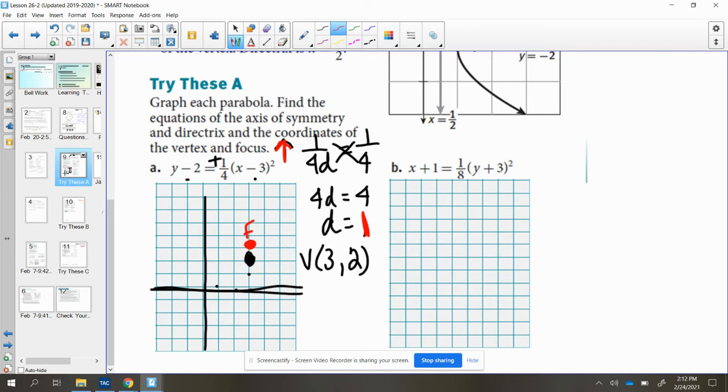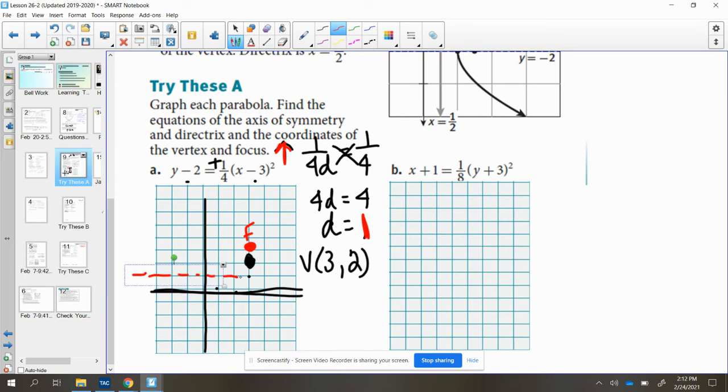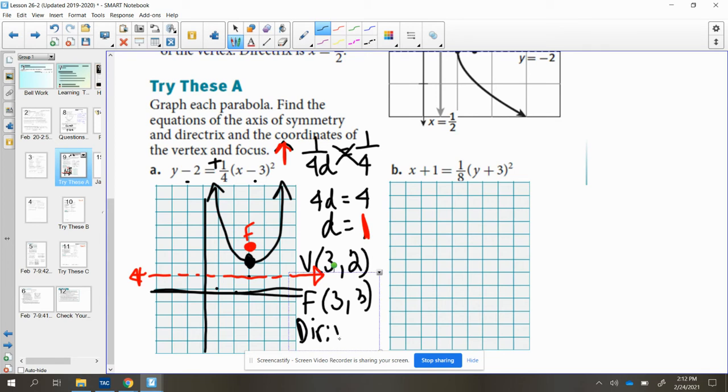And I know my directrix is coming the same amount below, so it's going to be a horizontal line below. And then my parabola again opens upwards, like so. We'll just sketch this in. So our focus would be 1 unit above at 3, 3. Directrix is a horizontal line through y equals 1.